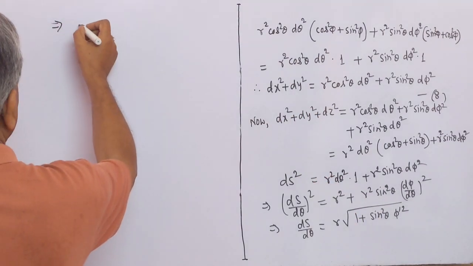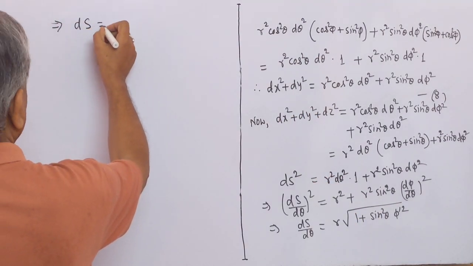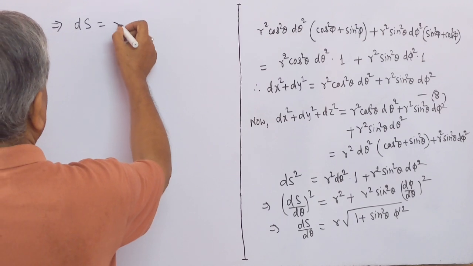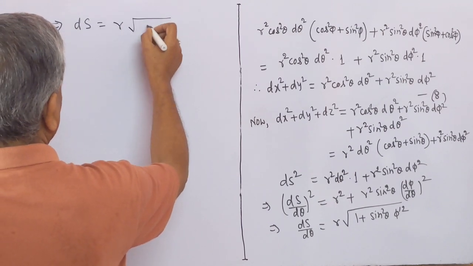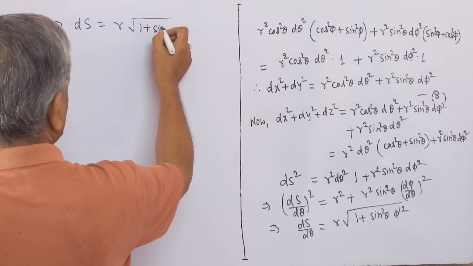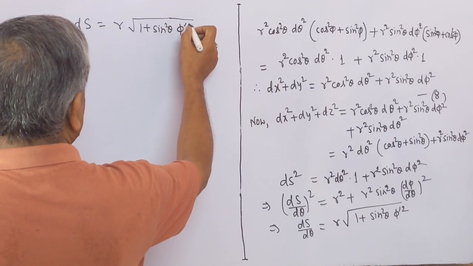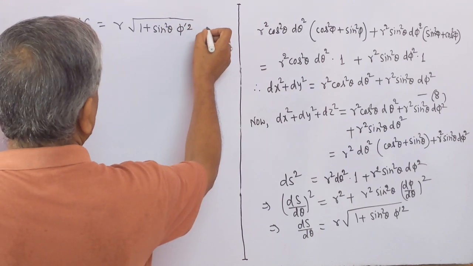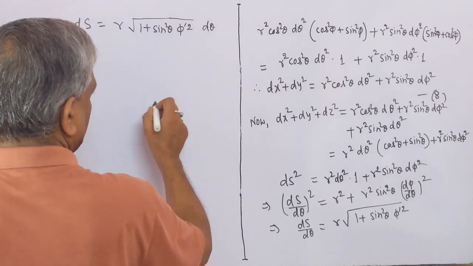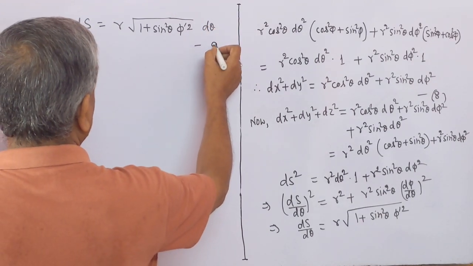This implies that ds equal to r square root of 1 plus sin square theta phi prime square d theta. Let this be number 9.